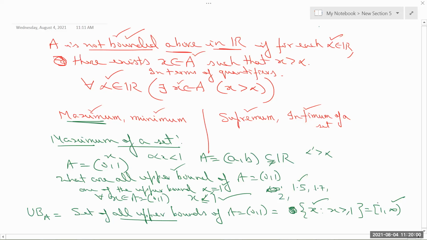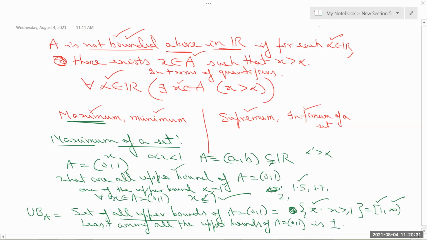Now, can you tell me which one is the least among all these upper bounds? Yes. Least among all these upper bounds. One, or all numbers bigger than one? So the least is 1. The least among all the upper bounds of A equal to the open interval 0, 1 is 1.